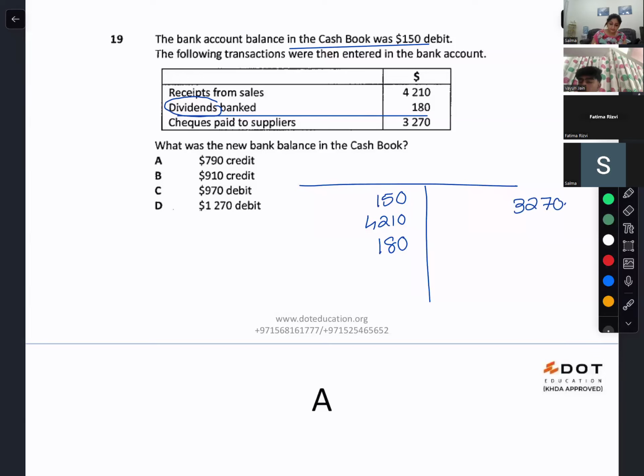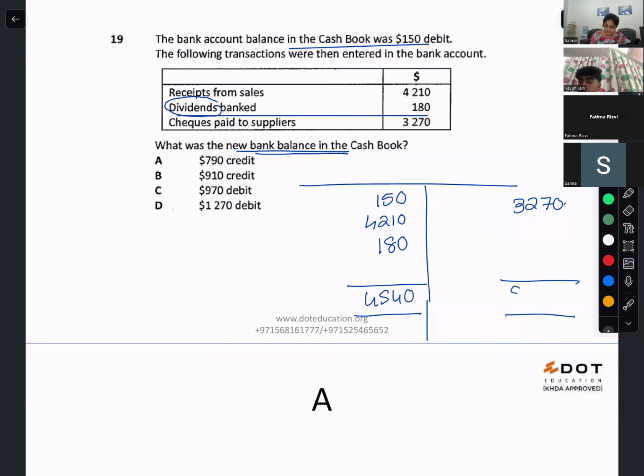What do you want, the bank balance in the cash book? So first you have to total both the debit side and the credit side. How much is the total? 4,540.